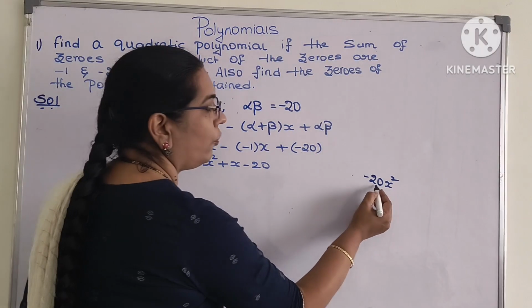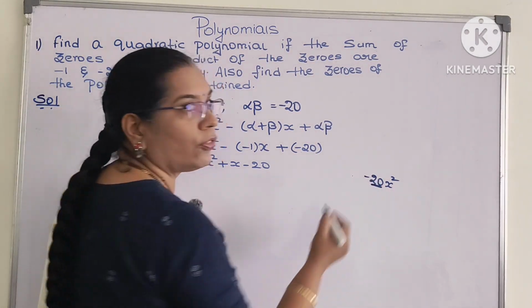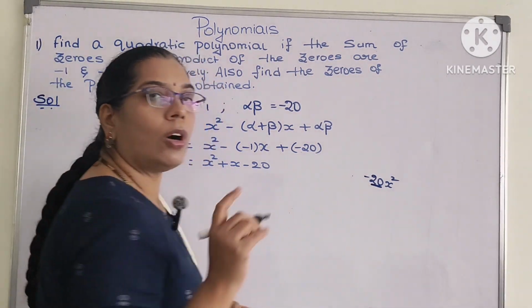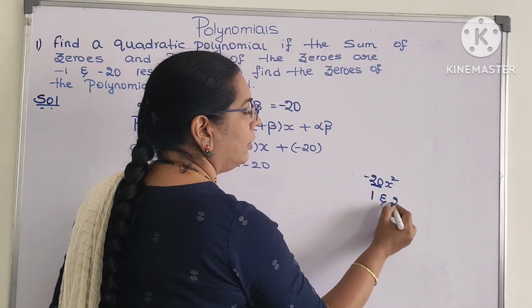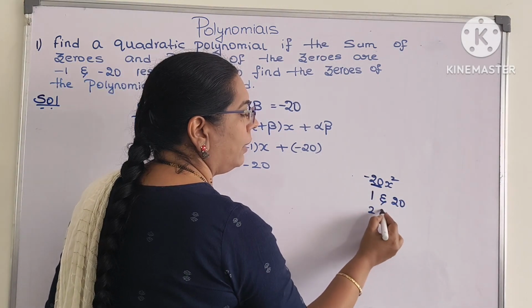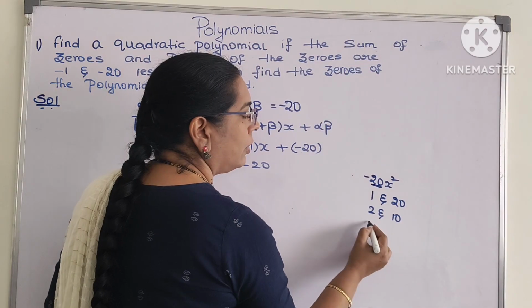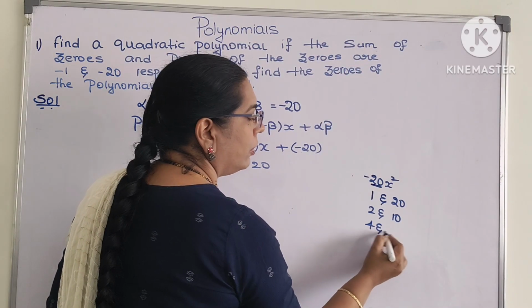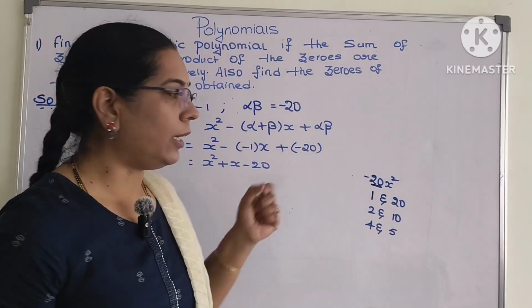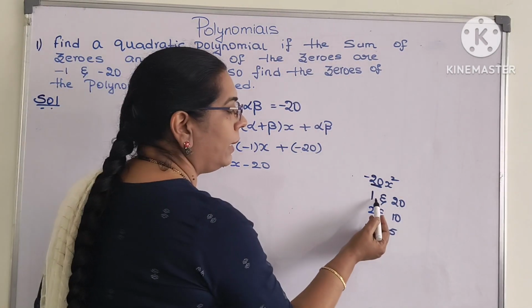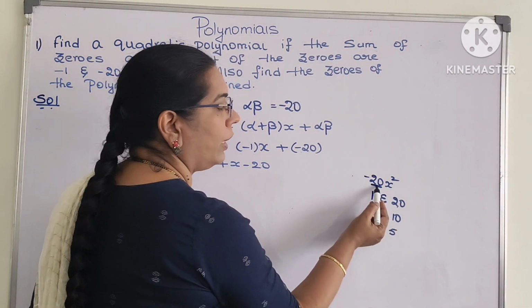Let us check the factors. Let us write all the sets of factors of 20. 1 and 20, 2 and 10, 4 and 5. These are the possible sets of factors we have for 20. When we multiply 1 and 20, do we get 20?